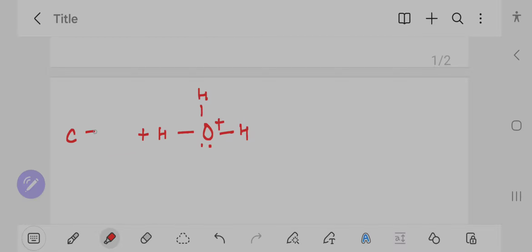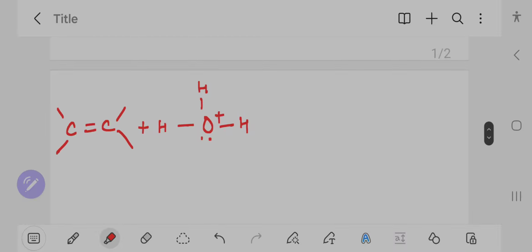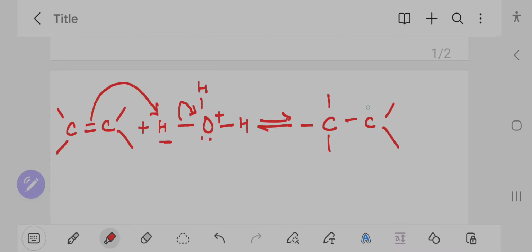When this hydronium ion reacts with an alkene, this hydrogen will polarize its electrons towards oxygen, and therefore this hydronium ion behaves like an electrophile and pulls the electrons of the double bond of these carbons towards itself, and the reaction will proceed like this.